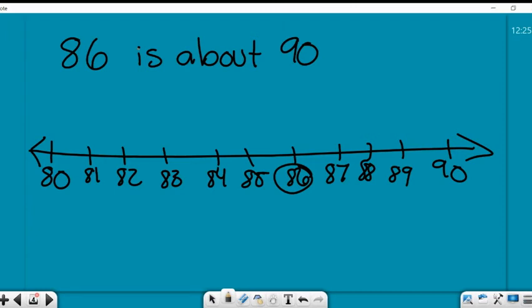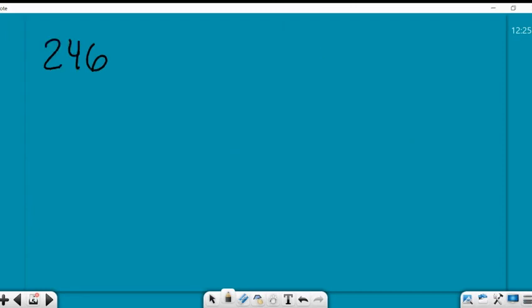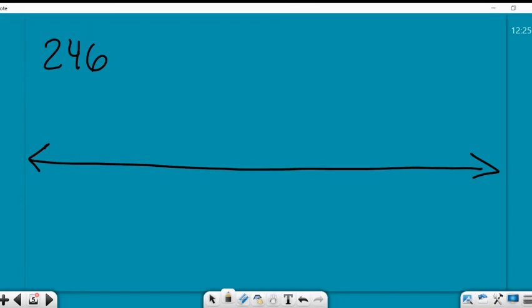Now, if you remember yesterday, not only can we round to the nearest 10, but we can also round to the nearest 100. So it's the same thing. I'm just going to draw my number line. But I'm not going to plot those whole 100 numbers. I'm going to go ahead and think about, since I'm rounding to the nearest 100, if I started at 246 and went backwards, what would be the first 100 that I came to? 100, 200, 300, 400, 500, 600, 700, 800, and it keeps going.